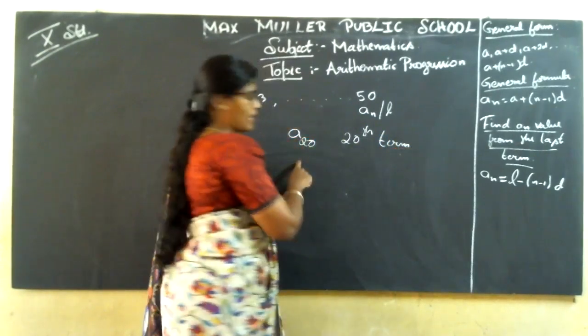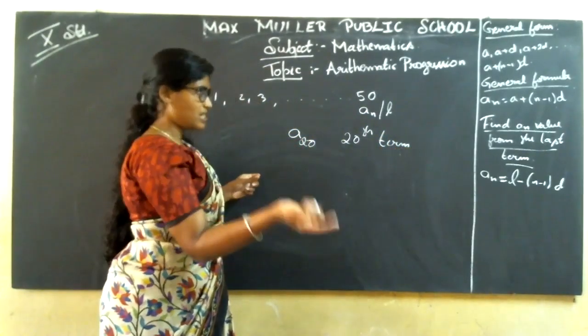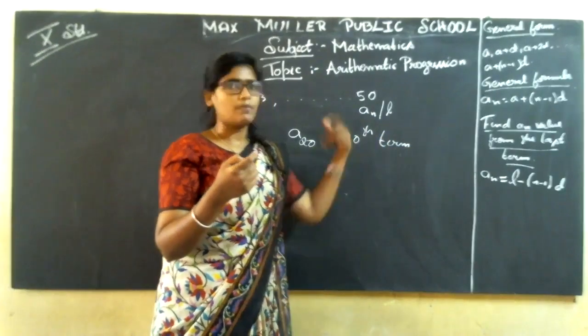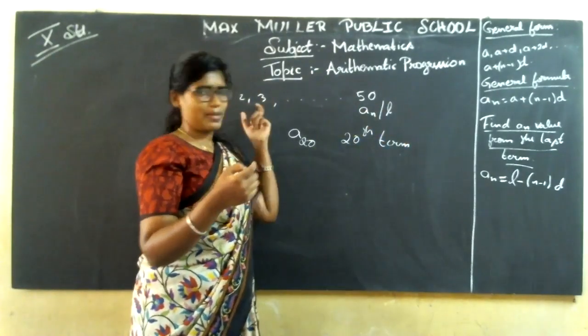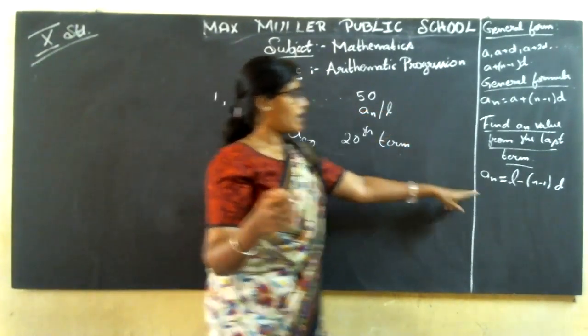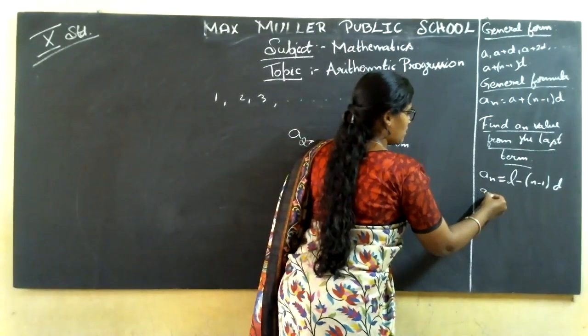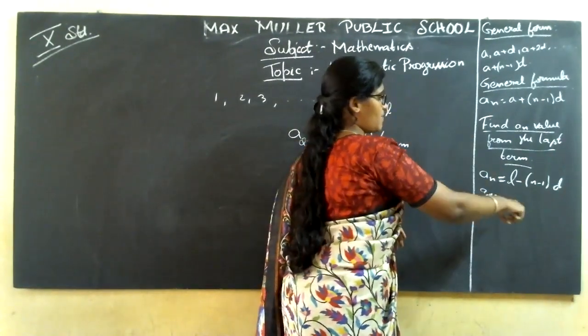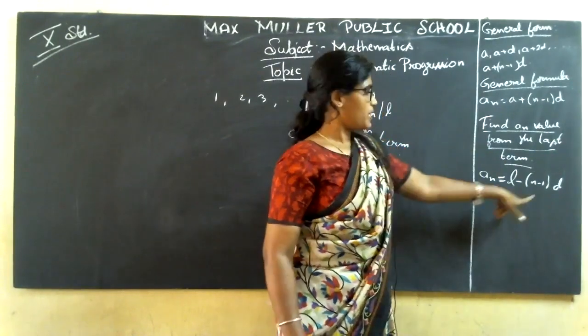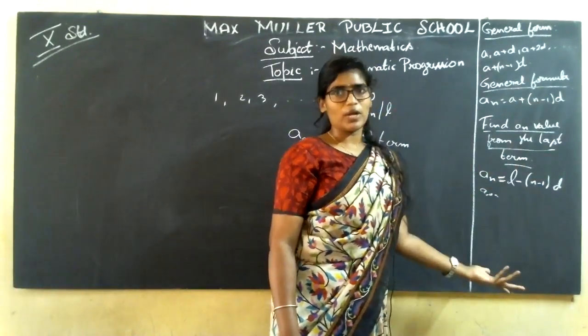They might give you 'find A20 from the last', or 'find the 20th term from the last'. So this is the sequence. What value are you going to take? A20 is equal to L, which is 50, minus (N is 20, so 20 minus 1) into the common difference, whatever you get.